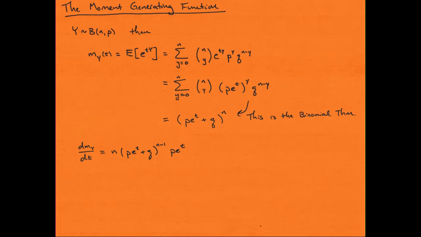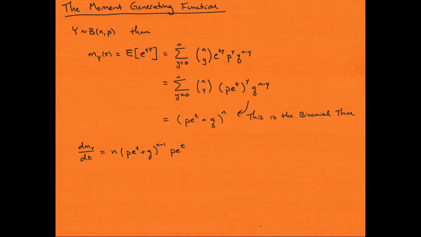Now if we wanted to know, what is our mean for a binomial distribution? For that, we can take the derivative with respect to t of our moment generating function and evaluate that at 0. Remembering some of our calculus, we take the derivative of the moment generating function and get n times p e to the t plus q raised to the n minus 1, that's the derivative of the outside, keeping the inside the same, times the derivative of the inside, which is just p e to the t.